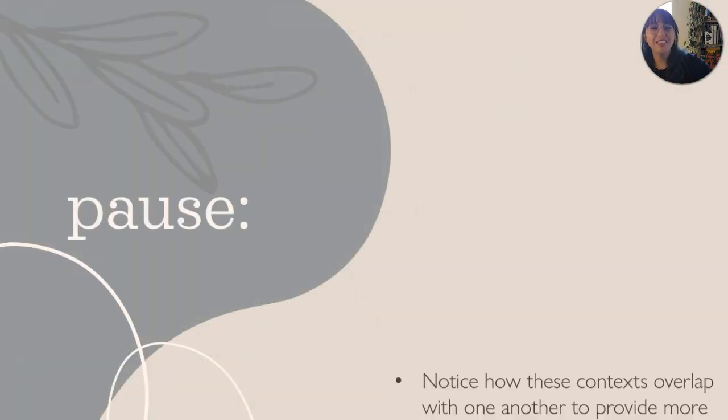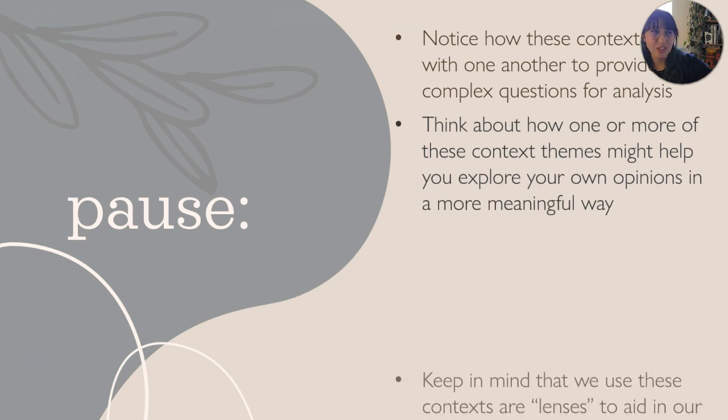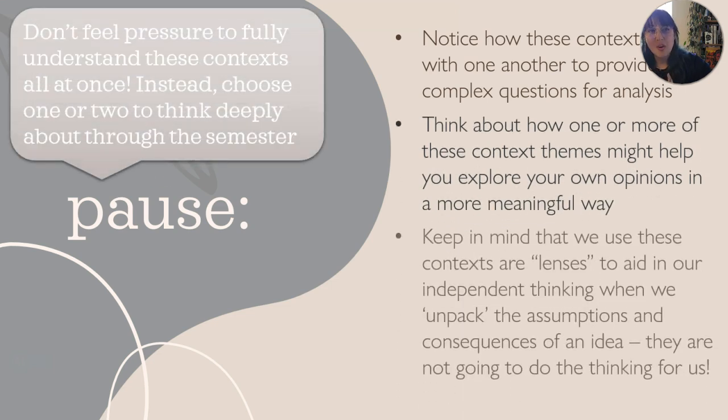So that was a lot of lenses to look at. Notice how throughout, looking through your notes, some of those context lenses overlap with one another, and we can use multiple lenses to really build upon complex questions or analysis commentary.